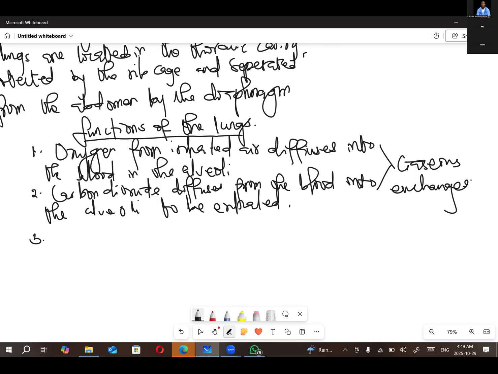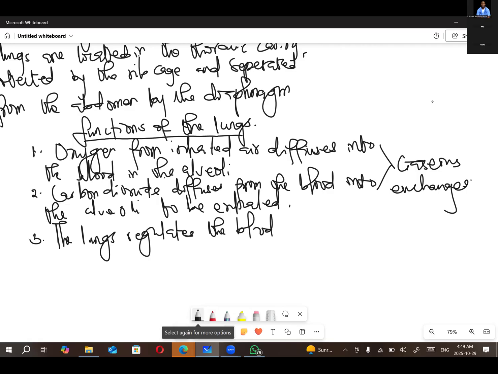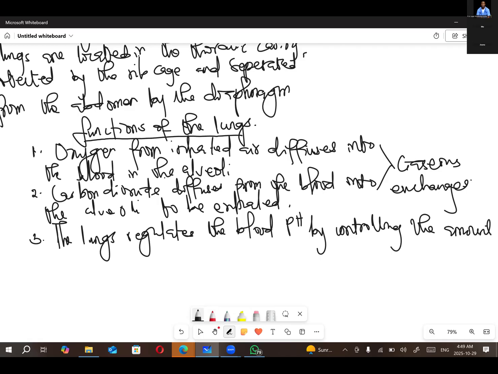So you can say the lungs regulate the blood pH by controlling the amount of carbon dioxide.